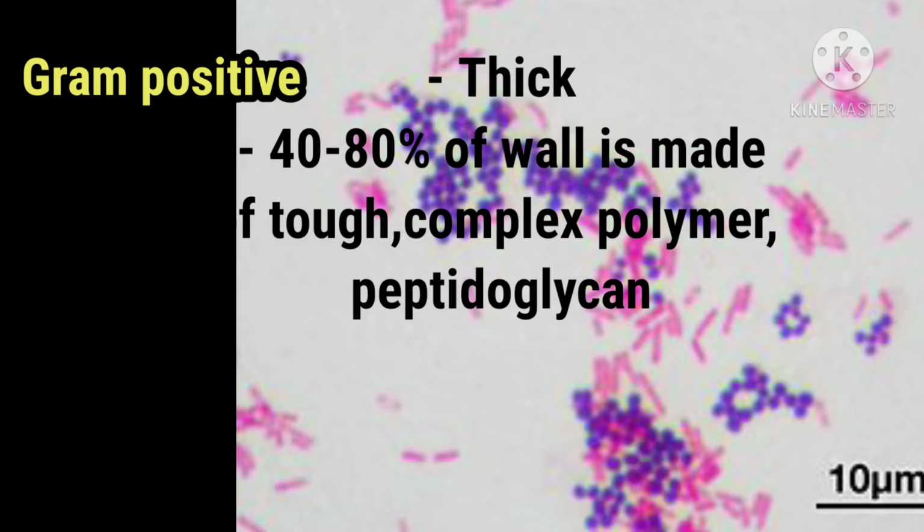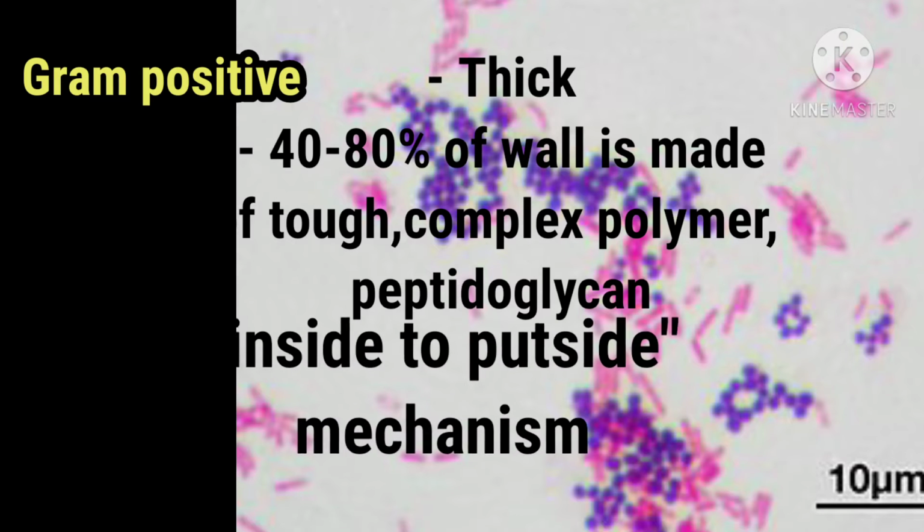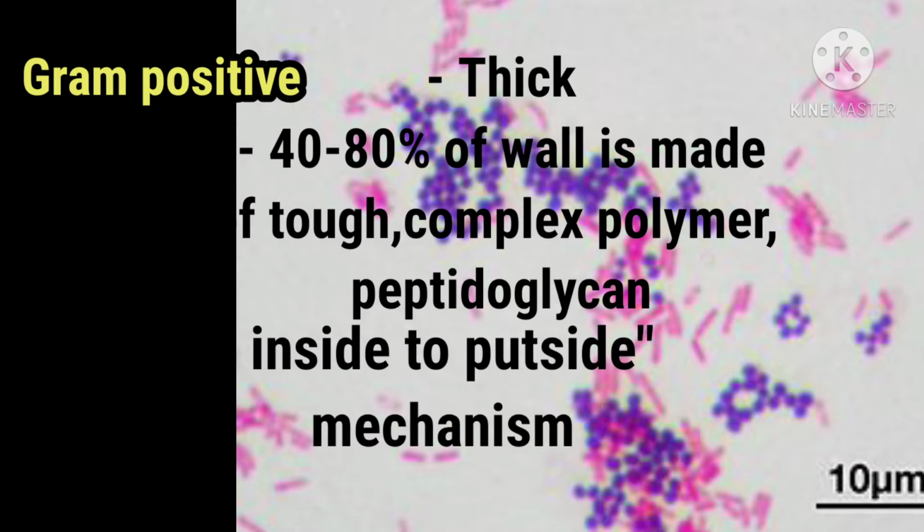Some 40 to 80% of the wall is made of a tough, complex polymer, peptidoglycan. In this type of wall, the sacculus consists of multi-layered peptidoglycan which during growth develops by an inside and outside mechanism.